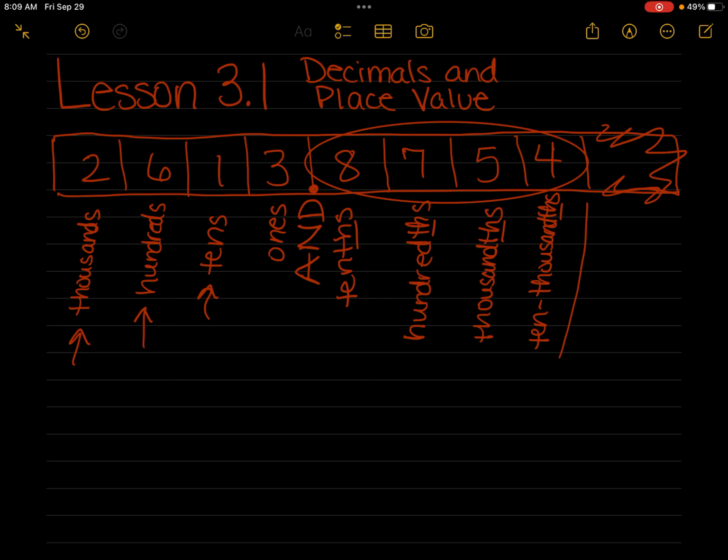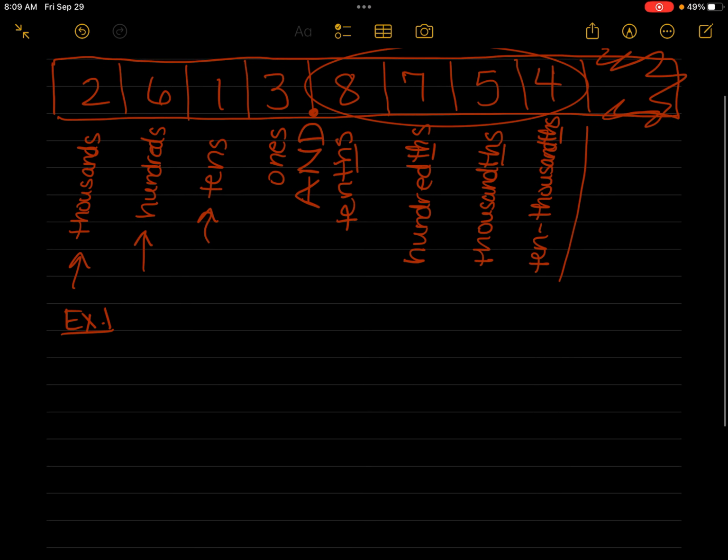Okay, so for example 1, we're going to write out a few word forms. Let's write out a few word forms. Okay, so I'm going to try to keep that where we can see it. And then let's go ahead and work on 3 different ones. So here's one. Okay, most of y'all say this number is 14.8, but we're learning how to say numbers correctly.